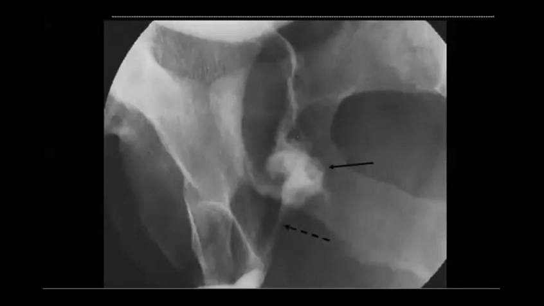Okay, retrograde urethrogram. Which type? This one. There is disruption here. Yes. And there is extravasation of contrast material. So type 2, Dr. Muayyad, perfect. Type 2, yes. It's coming from the posterior urethra.